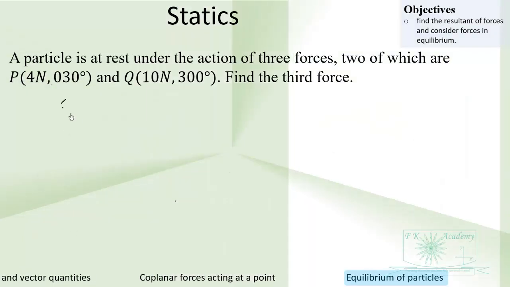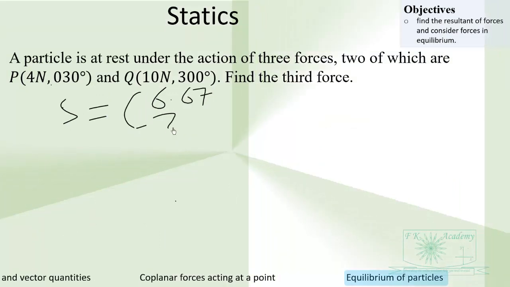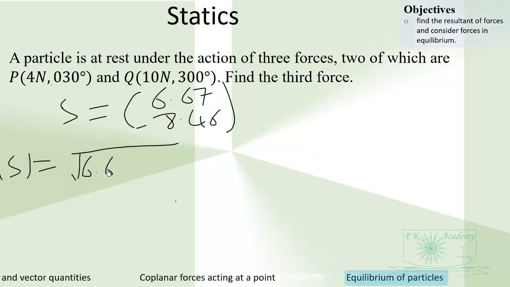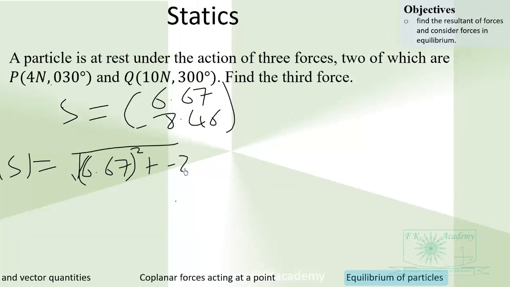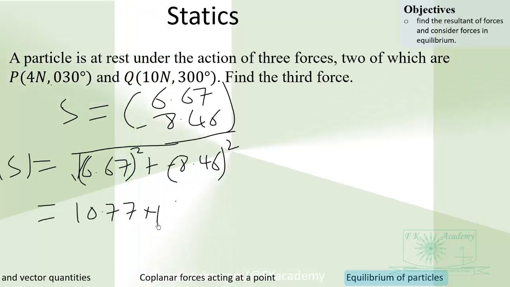So we need to find the magnitude and direction of the force 6.67, negative 8.46. So the magnitude is given by square root of 6.67 squared plus negative 8.46 squared. And that will give us 10.77 newtons.